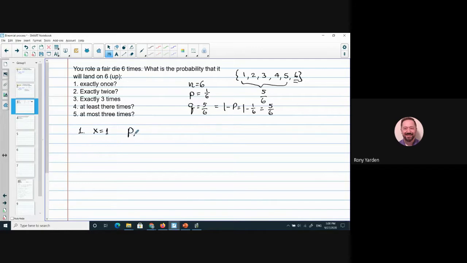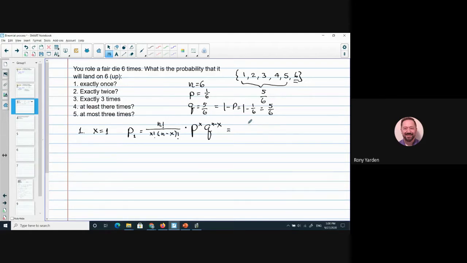P of 1 success exactly equals n factorial over x factorial times n minus x factorial, and this times p to the power of x, and then q to the power of n minus x. So this is our equation, and let's plug in the numbers.